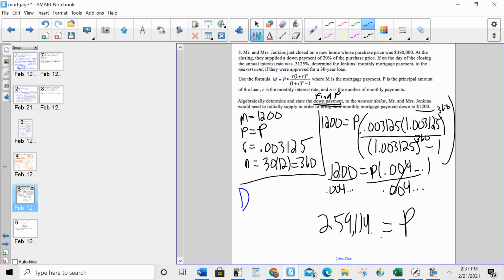So the down payment is the total minus the principal. Again, P equals T minus D. D equals T minus P. Basically, to go from one to the other, you're subtracting from the total. So the down payment is the total amount, which was 380,000, minus the principal, which I just found, 259,114.